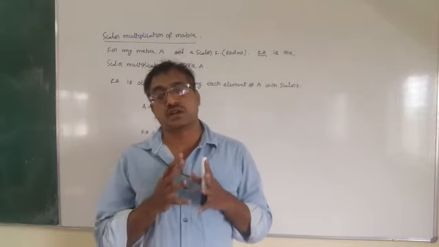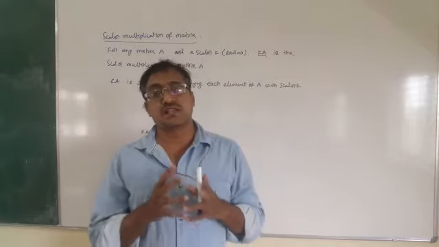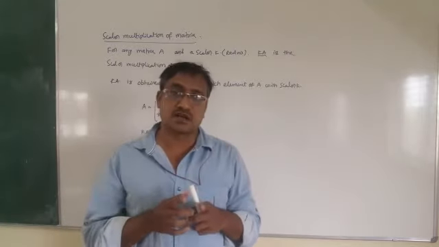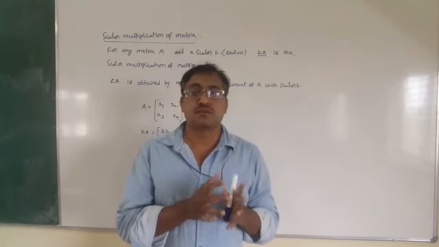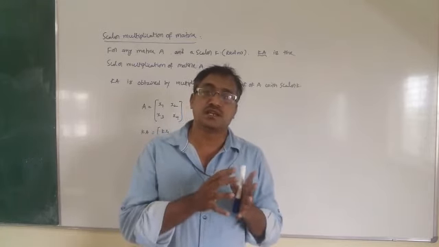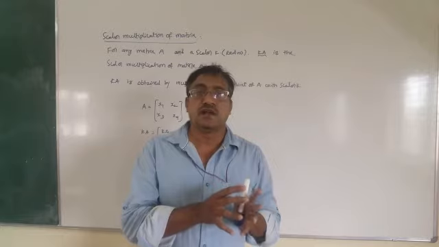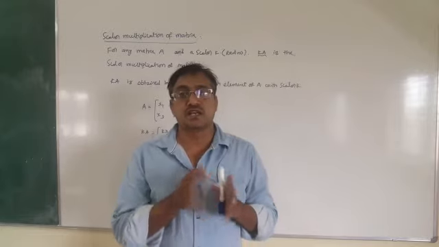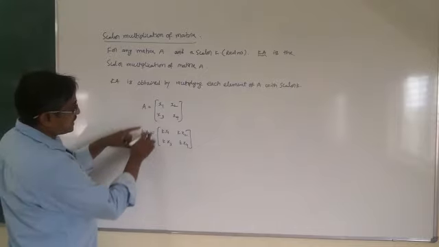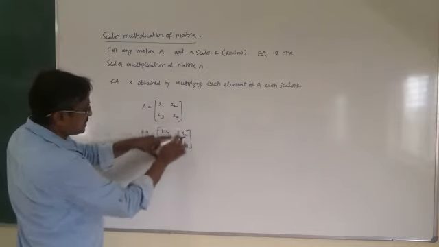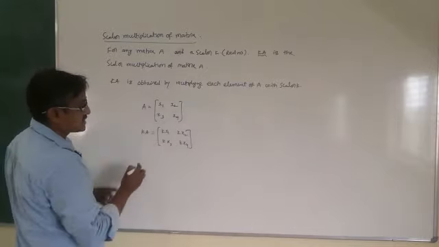Very, very important. So if you want to find KA, you need to multiply each element of the matrix with the scalar.